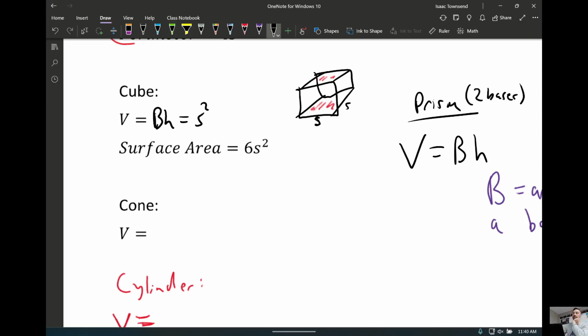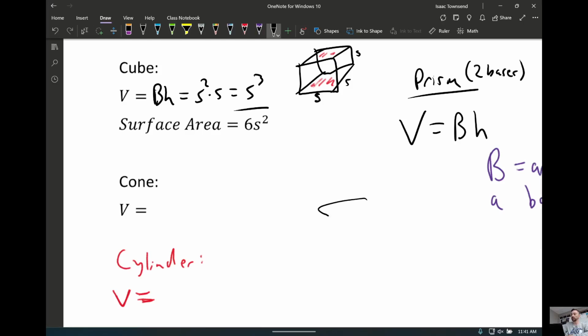Okay, side squared. And times the height. The height is also S in length. So side cubed. The area of the base, which was side squared, times the height, which is side, gives you the volume of a cube.